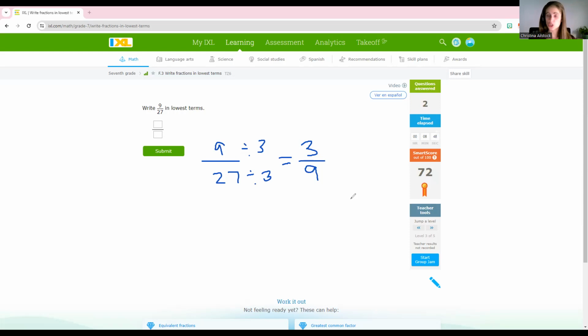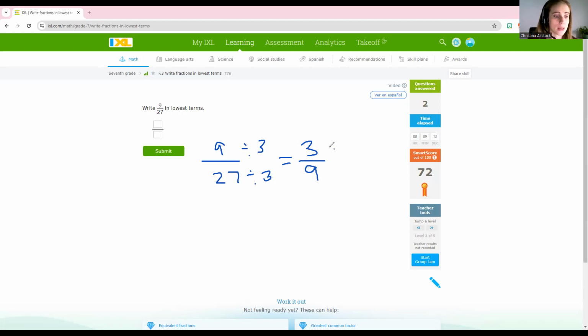Like I said, with repeated division, after you do that first division, you've got to look carefully and say, are we done? Or can we divide by something else? Is there another common factor? Well, I have both 3 and 9. The only factors of 3 are 1 and 3. And 9 is divisible by 3, as we just proved. So that means there is another factor.